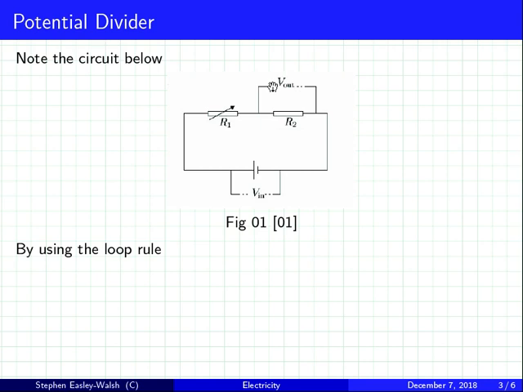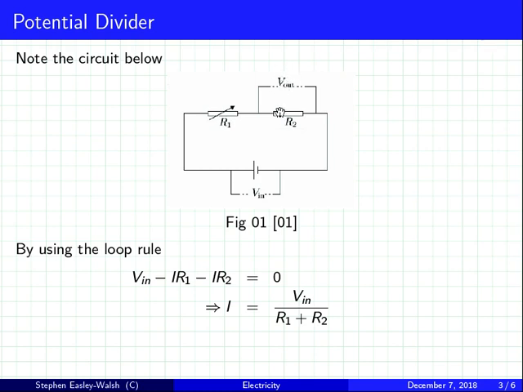So if I use the loop rule, V in minus I R1 minus I R2 equals 0. That's fine. So you can rearrange this to say I equals V in over R1 plus R2. So we know the I here. Now how can I get the V out?